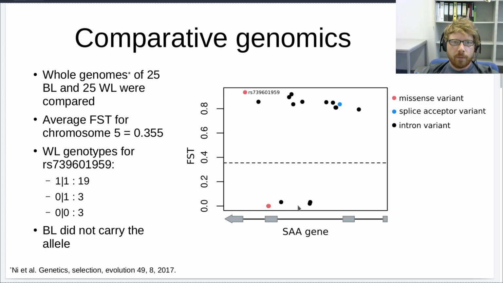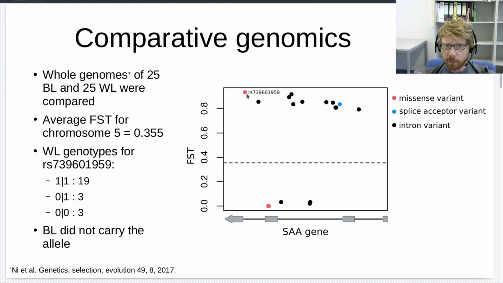So Professor Simjana provided us with 25 whole genomes of brown and white layer chickens, and we calculated the FST values for chromosome 5, on which the SAA gene is located. The average FST for the whole chromosome was 0.355, which is indicated by the dashed line, and we found lots of variants above an FST of 0.8.